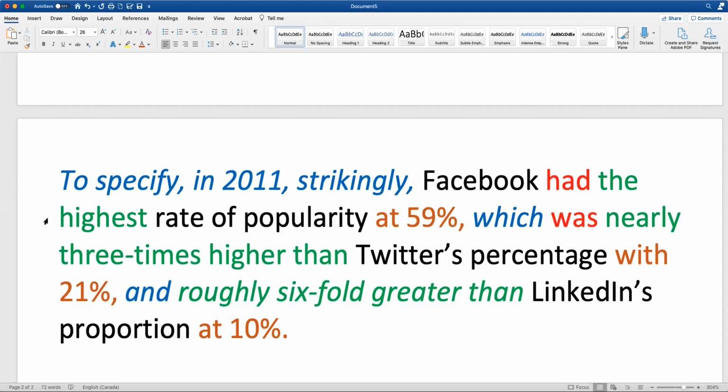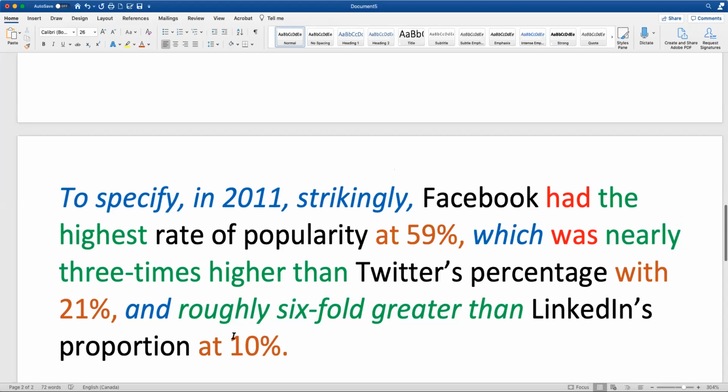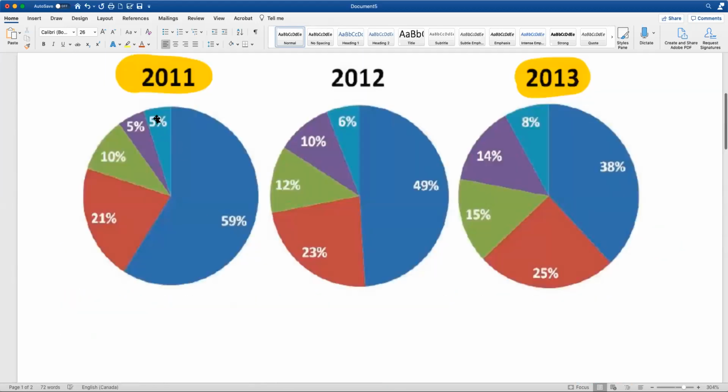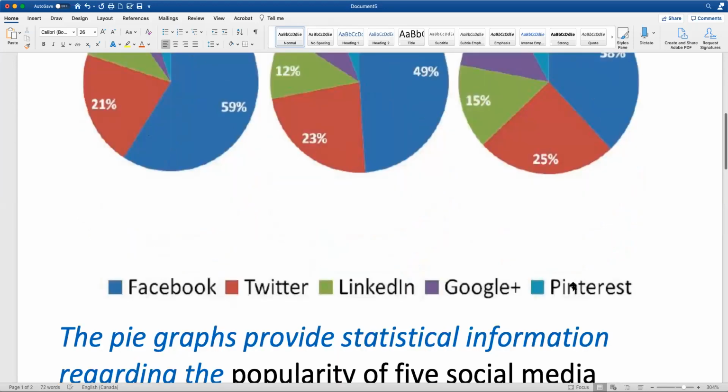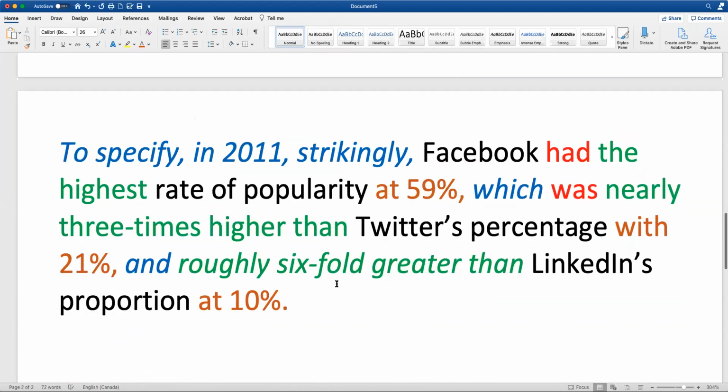So again, we're going in order 59, 21, 10. Now we're going to look at these two over here. Just one quick sentence to say about them. They are equal. That's Google Plus and Pinterest. We have a phrase that we can use for that one.